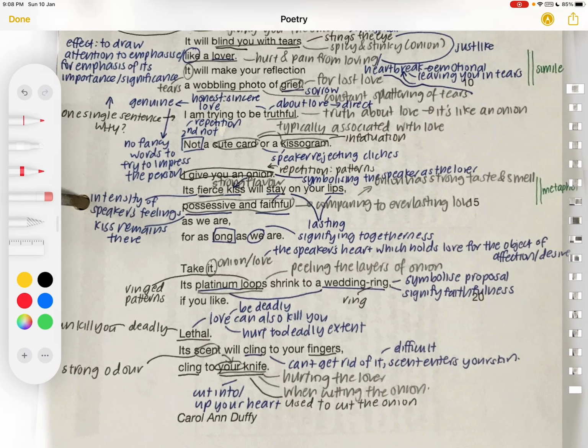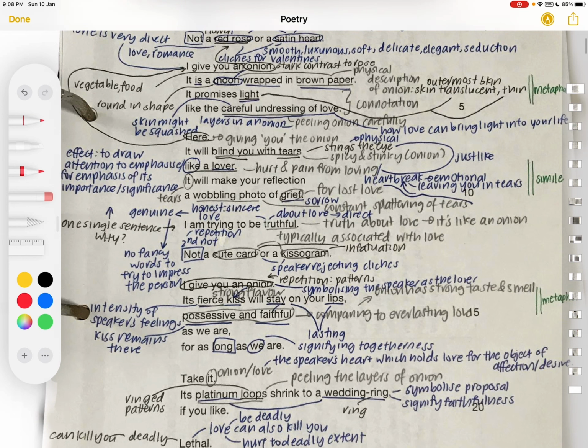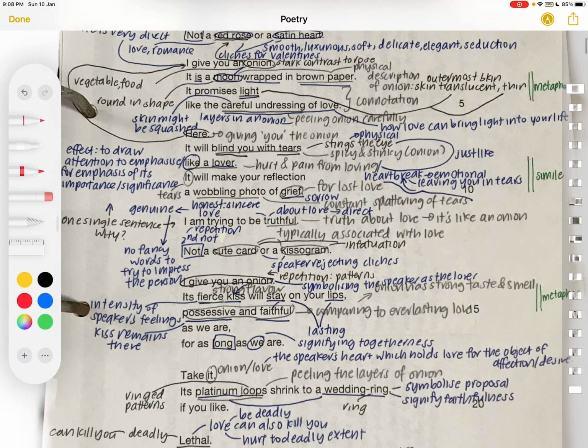And the line "I give you an onion" is similar to the line in the front part of the poem, so it's again repetition, and this repetition appearing twice in the poem actually shows us that the poet is trying to say that love exists sometimes in patterns. That's why there's a pattern of similar lines appearing throughout the poem.